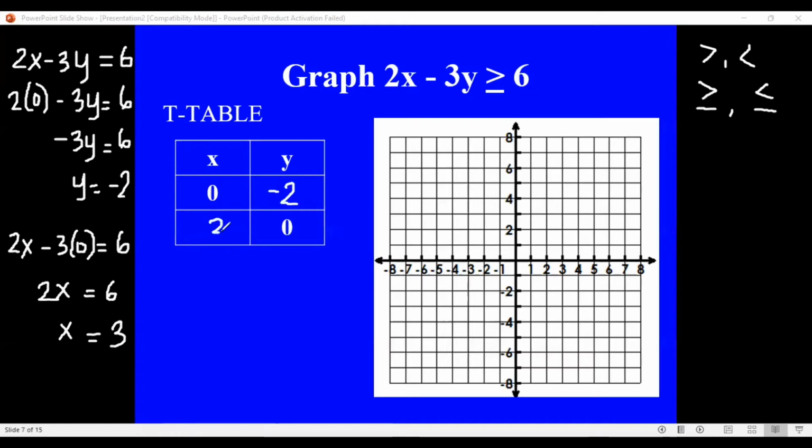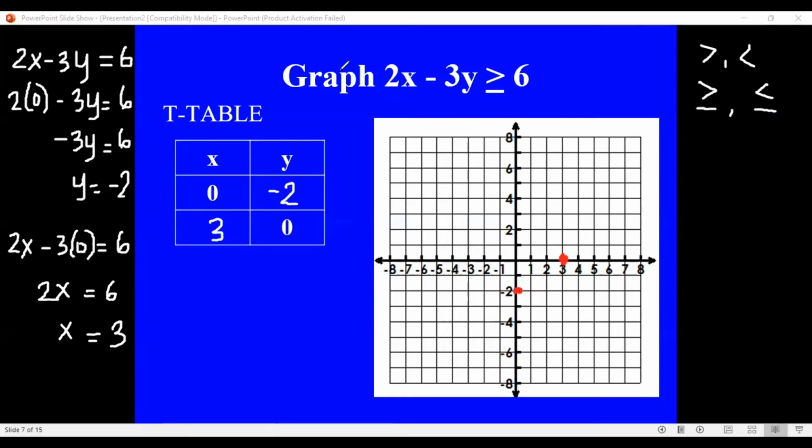So we already have these two points, (0, negative 2) and (3, 0). We can now plot those two points here. Again, we have the y-intercept as negative 2 and the x-intercept as positive 3.